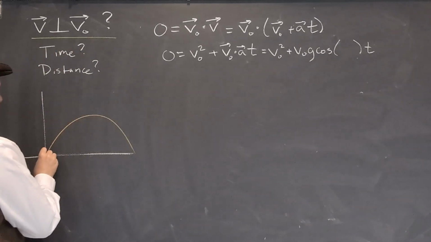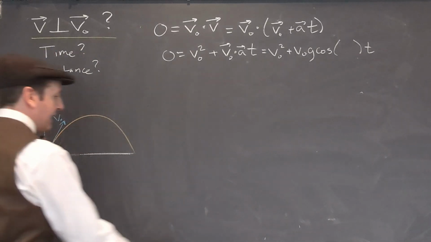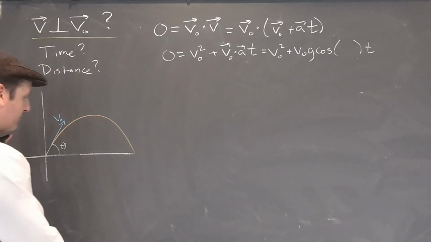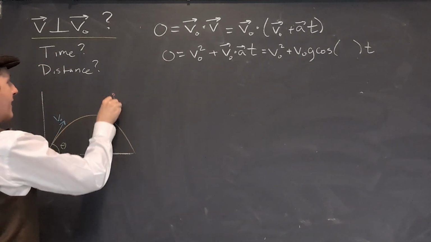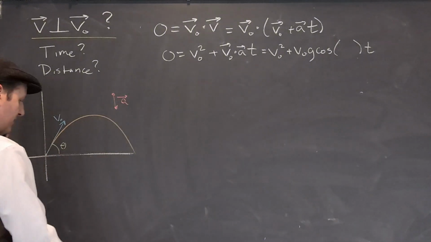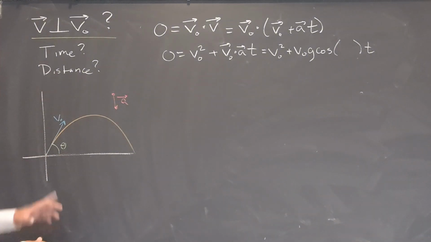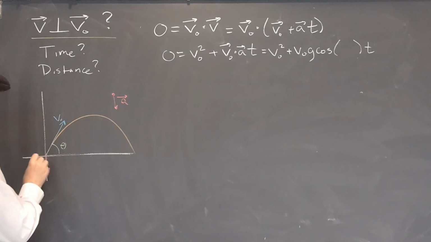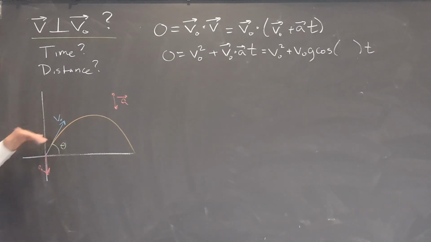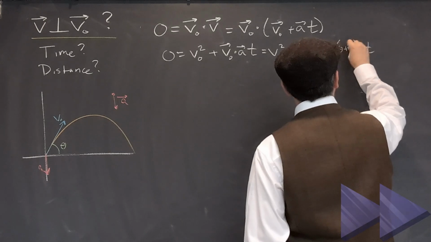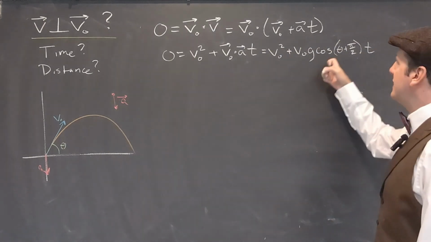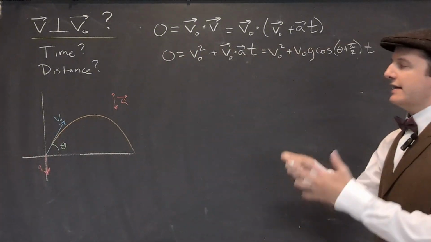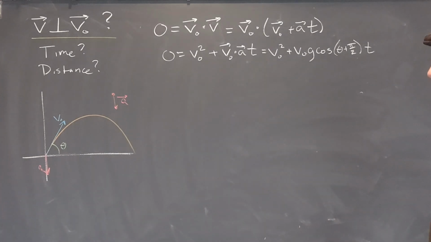But as usual, since I'm defining my launch angle to be theta, and we know that the acceleration is in the negative j hat direction, we can see that the angle between the blue vector and the downward pointing red vector is actually 90 plus theta. This is the angle between my initial velocity vector and my acceleration vector. It's the launch angle plus an extra 90 because a points straight down.